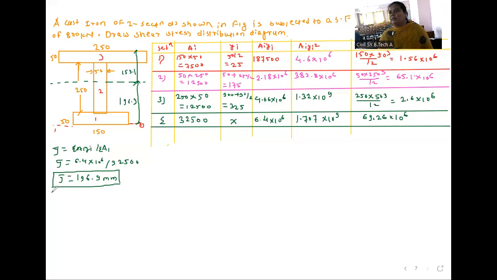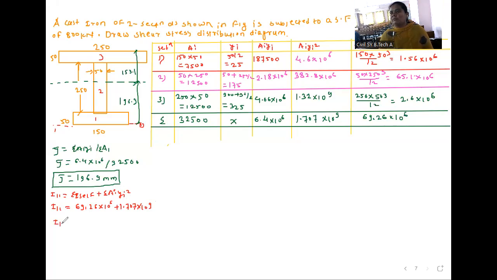Then we will calculate moment of inertia about 1 axis. So I11 is equal to summation of I self plus summation of ai yi square. So I11 is equal to summation of I self 69.26 into 10 raised to 6 plus summation of ai yi square 1.707 into 10 raised to 9.